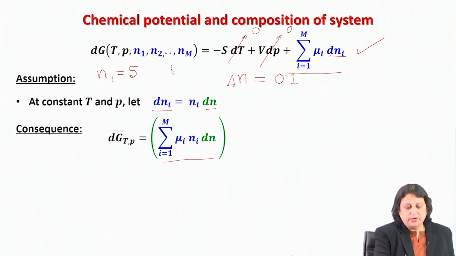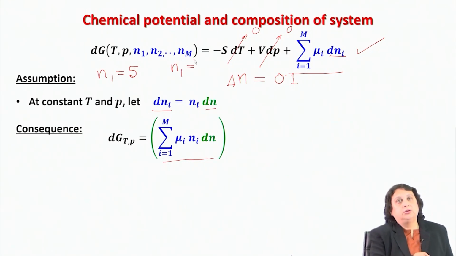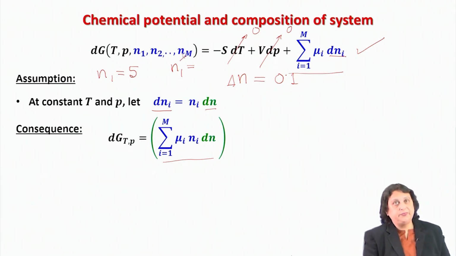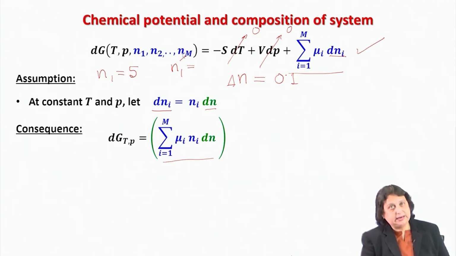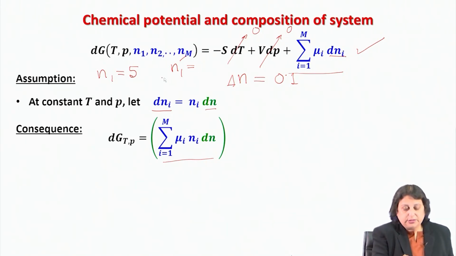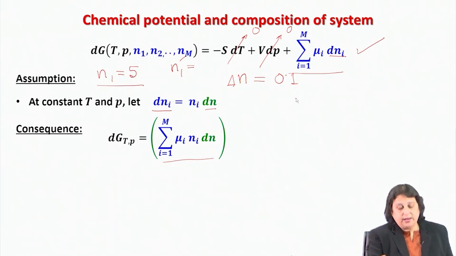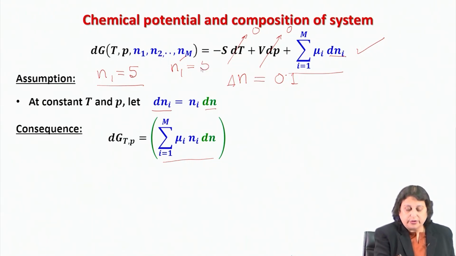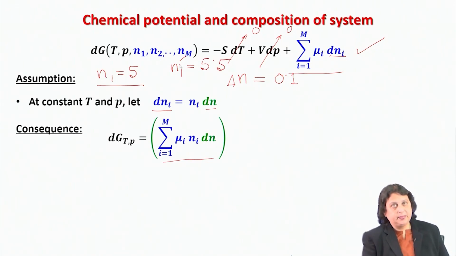The new value of N1 is going to be N1 plus delta N times N1. All I'm saying is N1 is going to change by 0.1 or 10%. So N1 is now going to be 5.5 moles in the new state.